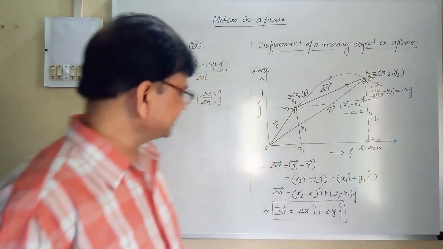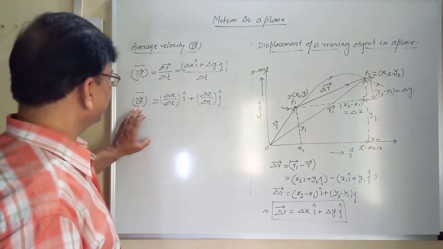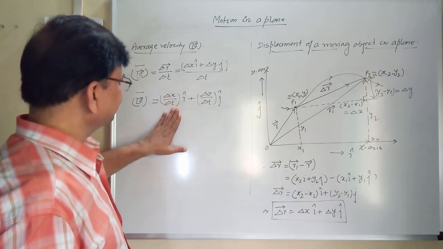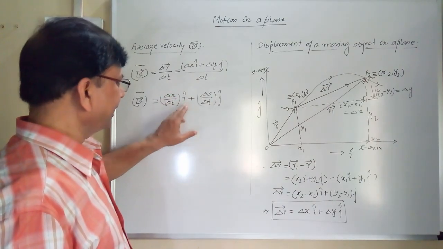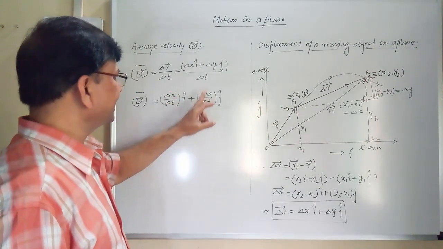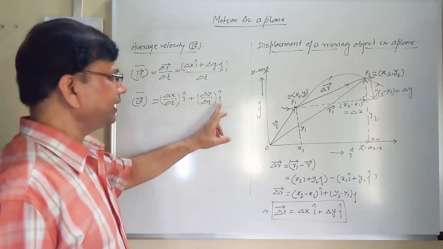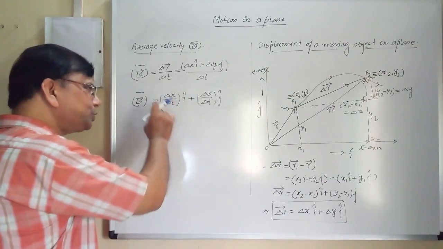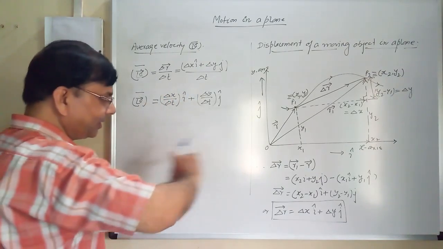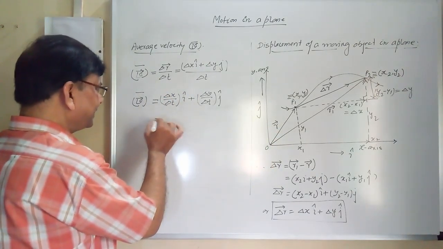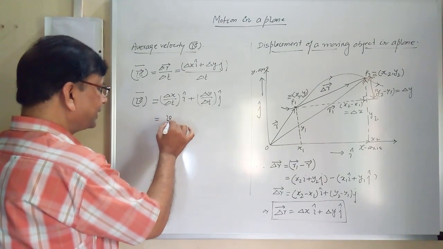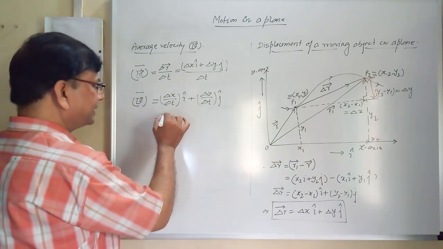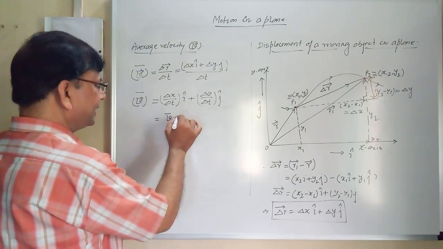So average velocity v bar is delta x upon delta t, i is the unit vector along the x-axis, delta y by delta t, j is the unit vector along the y-axis. This is the magnitude of the average velocity along the x-axis. So this can be written as Vx, and that is average, right?